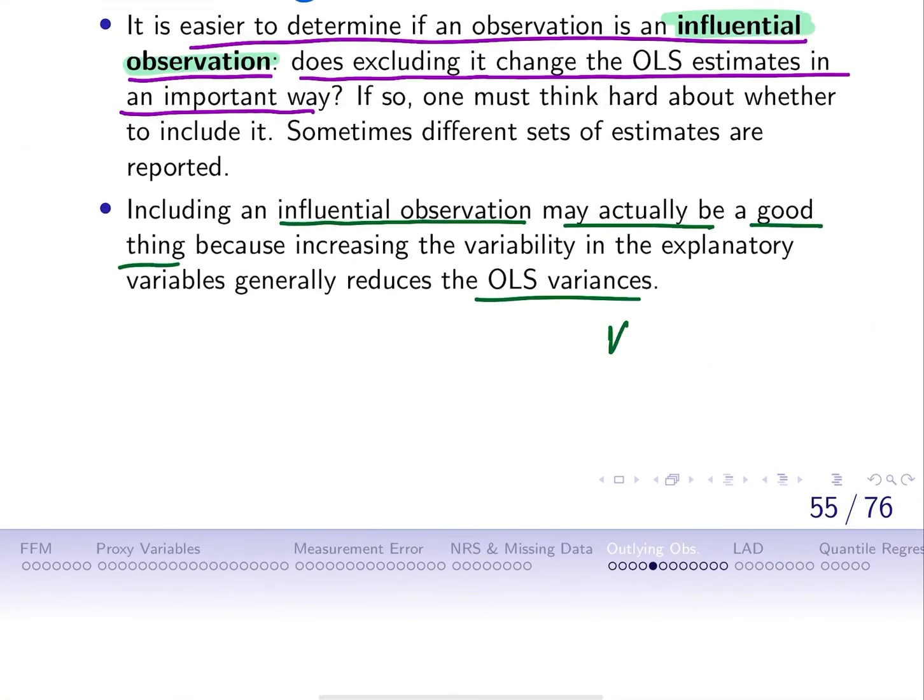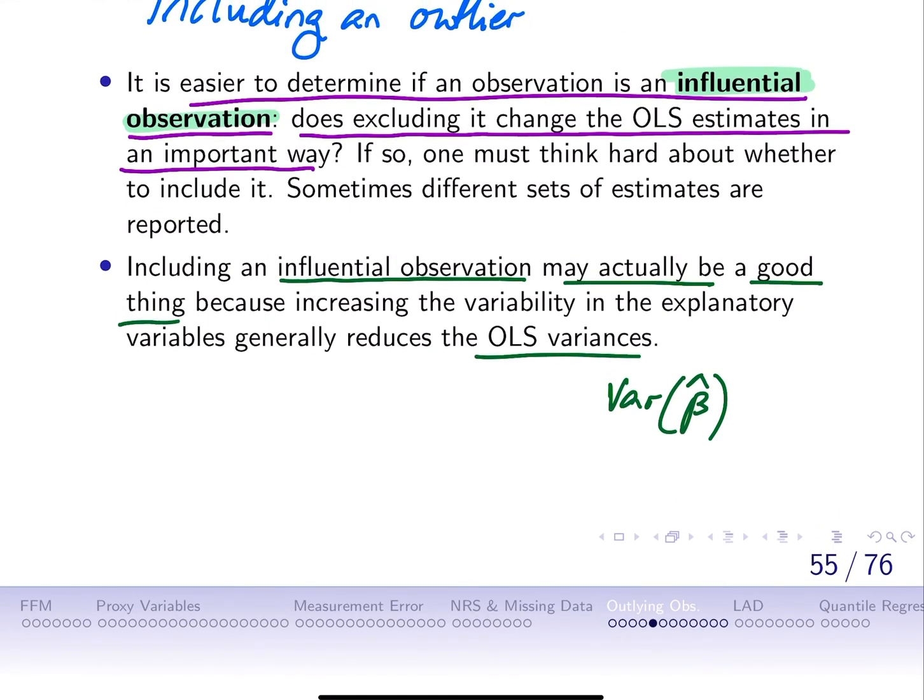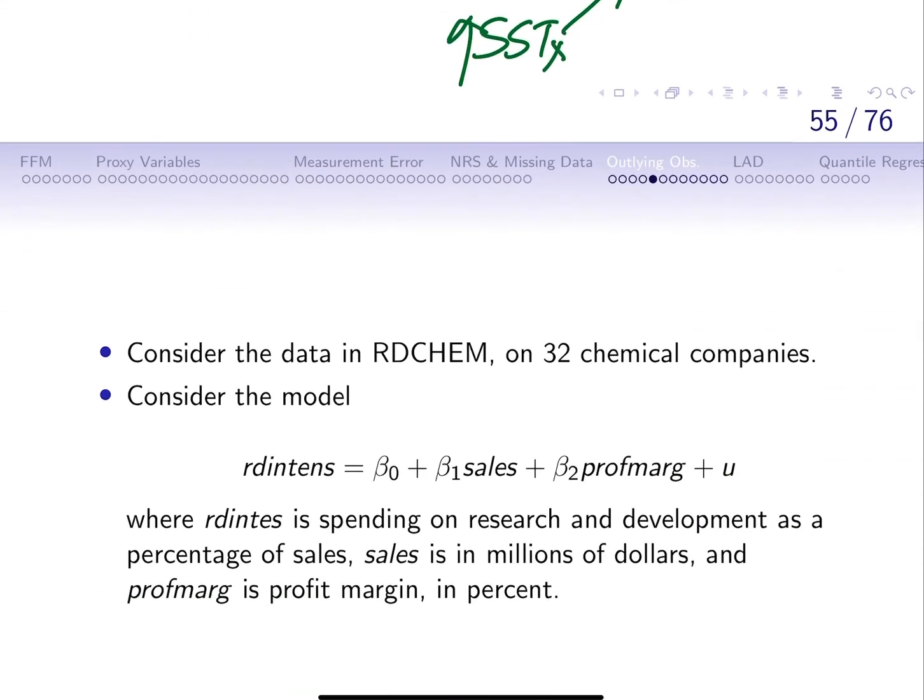We're talking about the variance of beta hat. As you have more variation in X, remember SSTx from a long time ago, that influences the variance of beta hat. As this goes up, the variance goes down. That's the idea here.